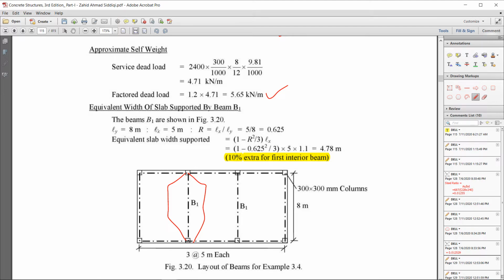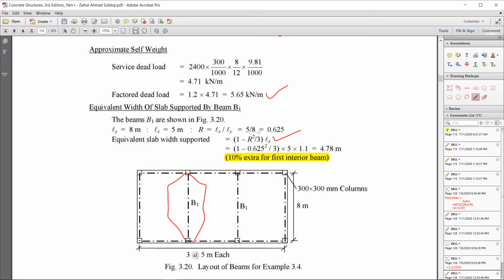The ratio r is shorter to longer. So 5 by 8, the answer is 0.625. The equivalent width is 1 minus 0.625 square divided by 3 multiply with Lx. Lx is 5.